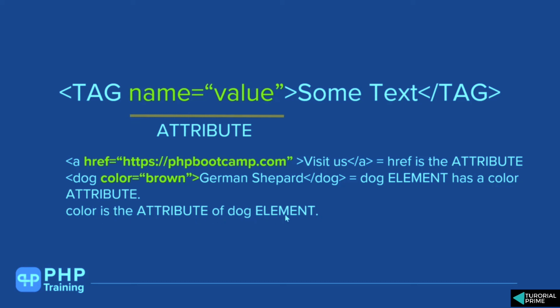That's how you read it. I'm trying to tell you how to read these attributes. So the dog element has a color attribute, and href is an attribute of the anchor tag. The a tag is also called the anchor tag. And you can also say color is the attribute of the dog element. This is how you read an attribute.